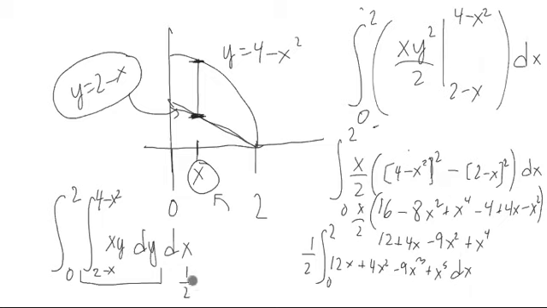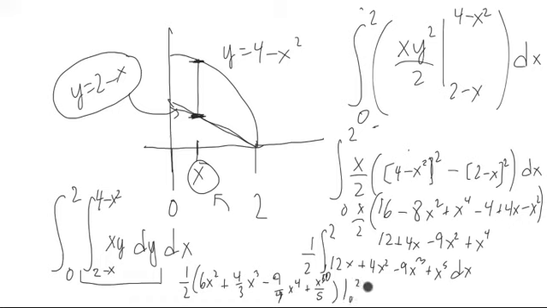We end up getting 6x squared plus 4/3 x cubed, minus 9/4 x to the 4th, and then plus x to the 5th over 5, and we take this going from 0 to 2.